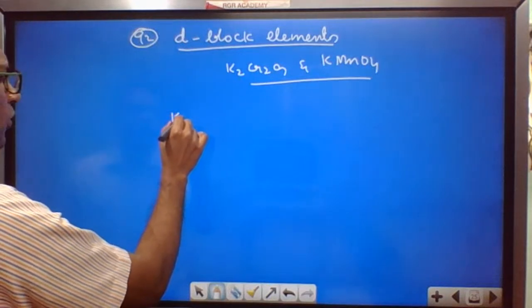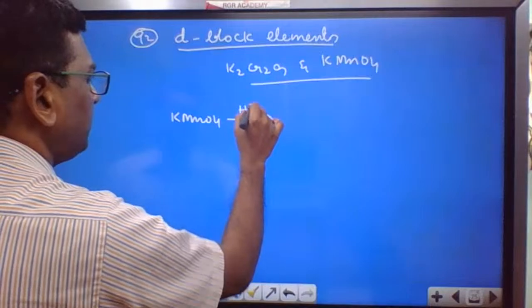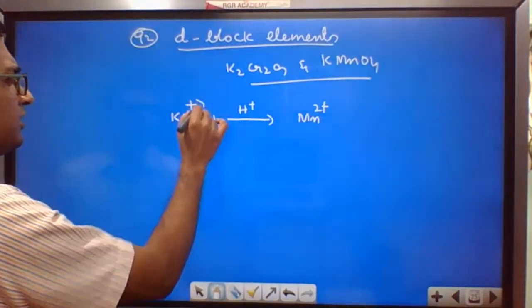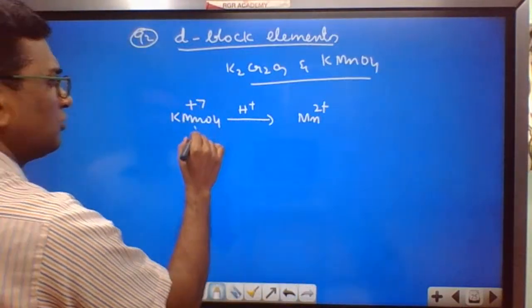KMnO4 acts as an oxidizing agent. In acid medium, the +7 oxidation state changes to +2.